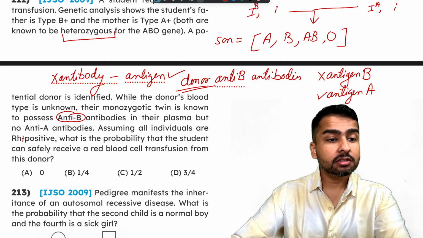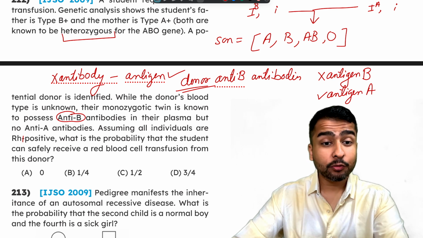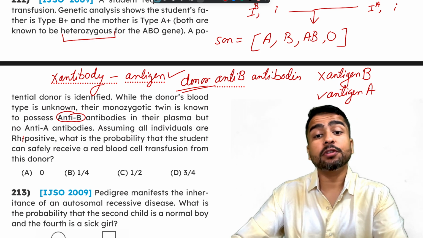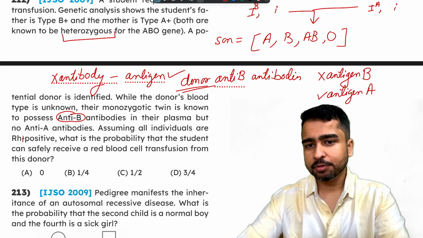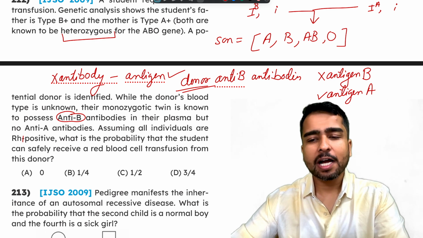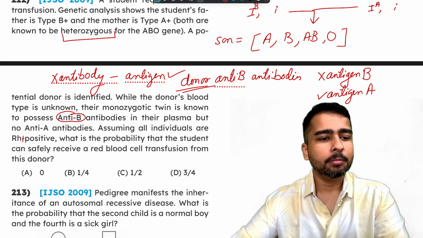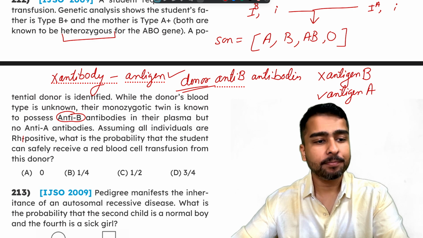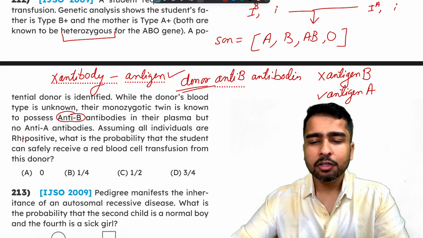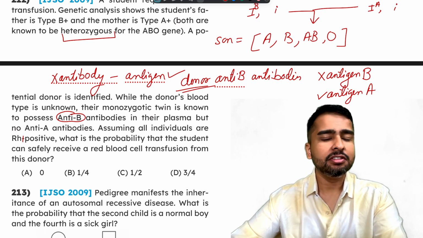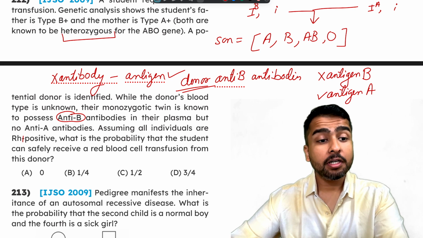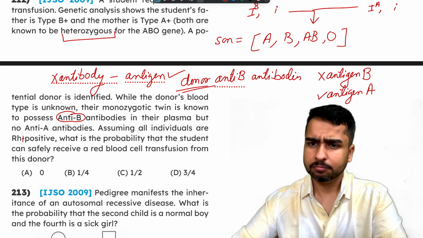The question says the twin is known to possess anti-B antibodies. Yeah, correct. So anti-B antibodies are present. That means no antigen B will be there, but antigen A will be there. We should not have antibodies for which the antigen is there, so no anti-A antibodies. Makes sense?